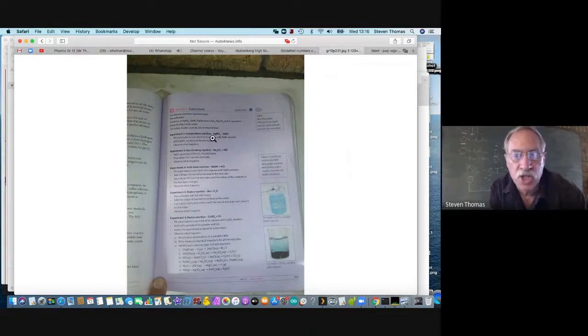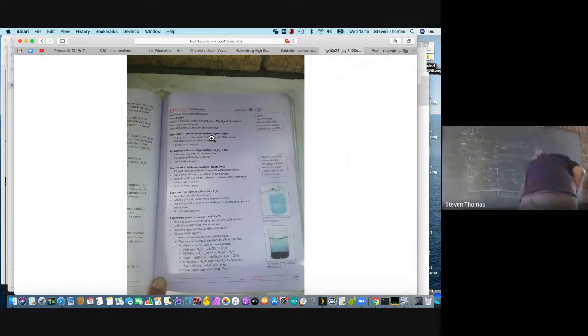So if you don't mind, just write this reaction down. NaBr plus AgNO3. So that is AgNO3 plus NaBr.